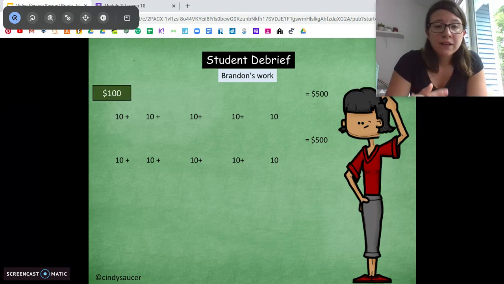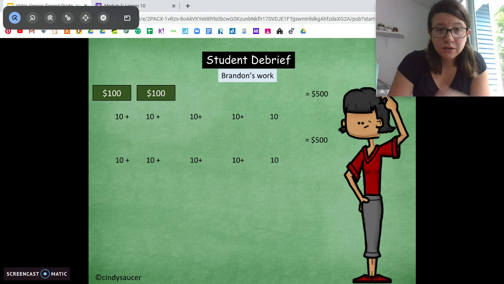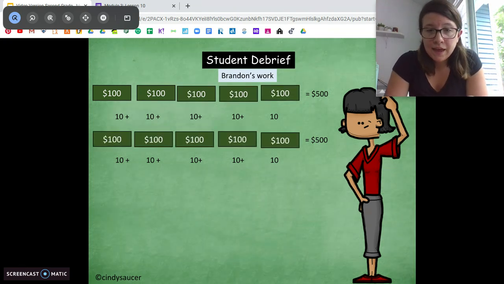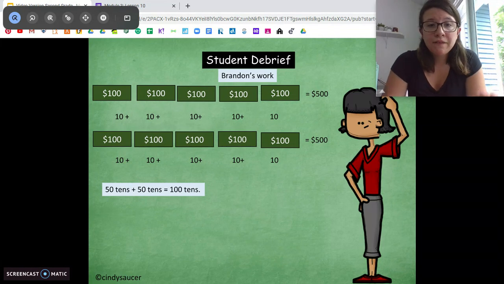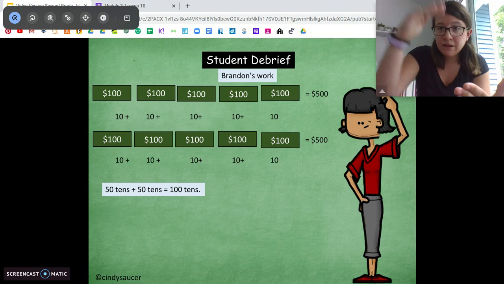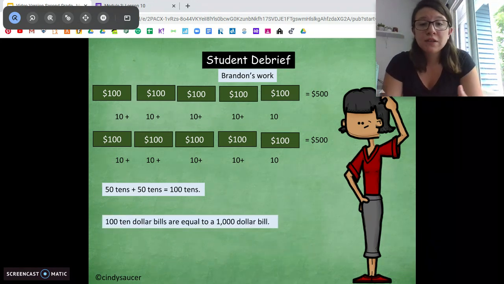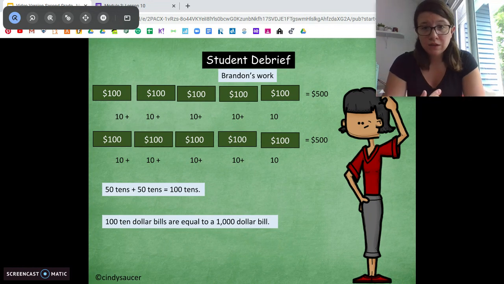He used $100 bills, counted to 500, and then noticed that there were 50 tens plus 50 tens in each set of 500, so that would equal 100 tens. So $10 bills are equal to a $1,000 bill.